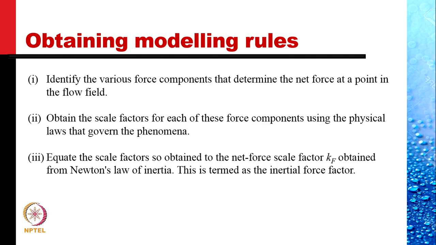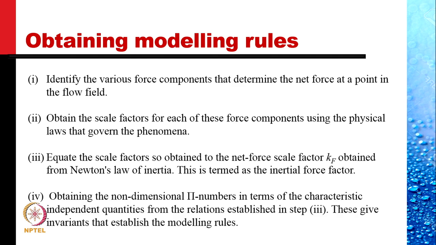The third step, equate the scale factor so obtained to the net force scale factor Kf obtained from the Newton's law of inertia. And this scale factor is termed as the inertial force factor. Then obtaining the non-dimensional pi numbers in terms of the characteristic independent quantities from the relationships established in step 3 above. These give invariants that establish the modeling rules.